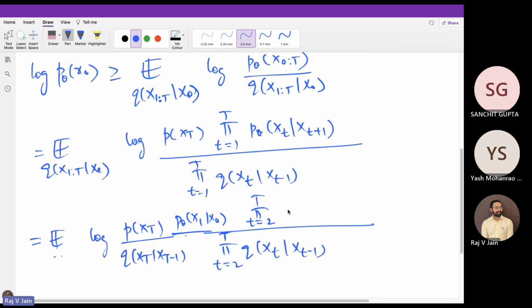Is this right? This becomes 1 to T minus 1, and capital T is going away.